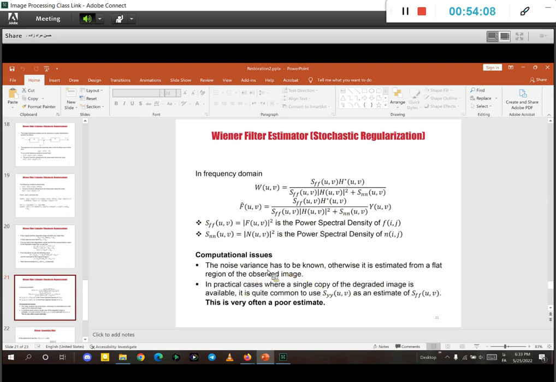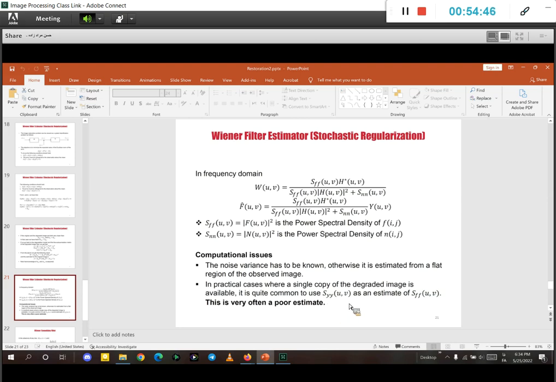In practical cases, where a single copy of the degraded image is available and not some streams, it is quite common to use S_YY, the PSD of output, as an estimate of the PSD of input.